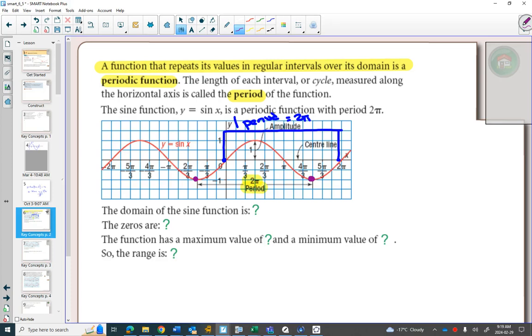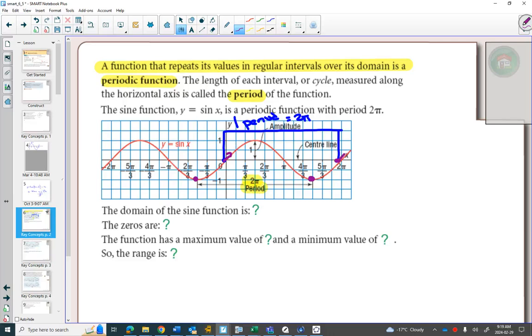Going from one minimum to another minimum completes one cycle. Here, if I started in the middle going up, how long before I'm in the middle going up again? I go here at pi, I'm at the middle, but I'm going down in my graph.